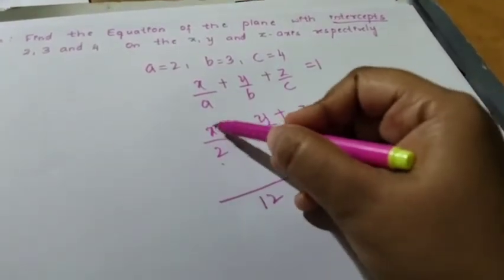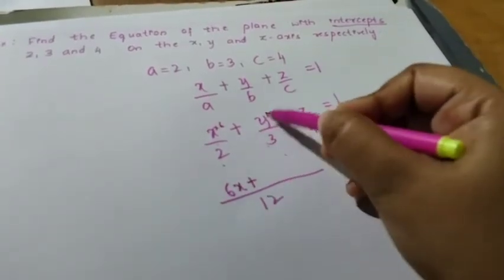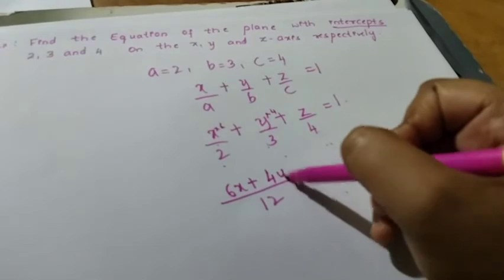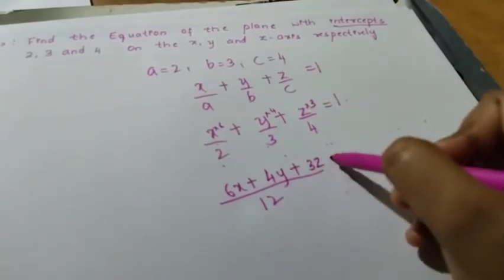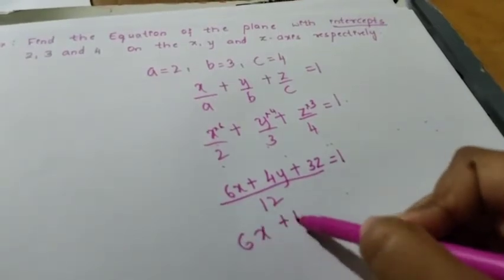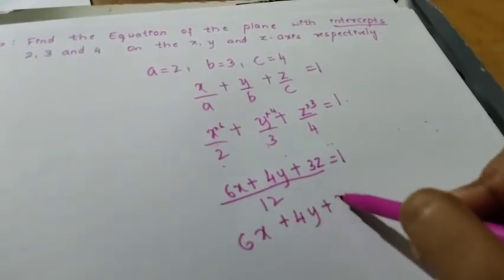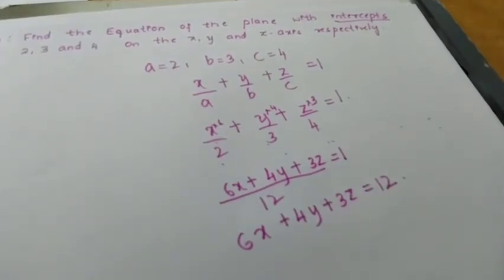So I multiply by 12 here. 6x, plus 3 4s are 12, 4y, plus 4 3s are 12, 3z is equal to 12. So you can write 6x plus 4y plus 3z is equal to 12. This is the equation of a plane in intercept form.